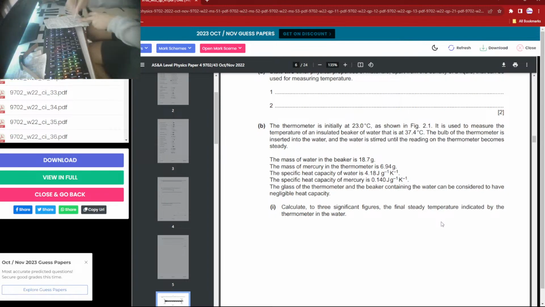Oh wait, no, let's not do it like this first. We'll just move this over. The 18.7 times 4.18 divided by 6.94 times 0.140 gives us 80.45.